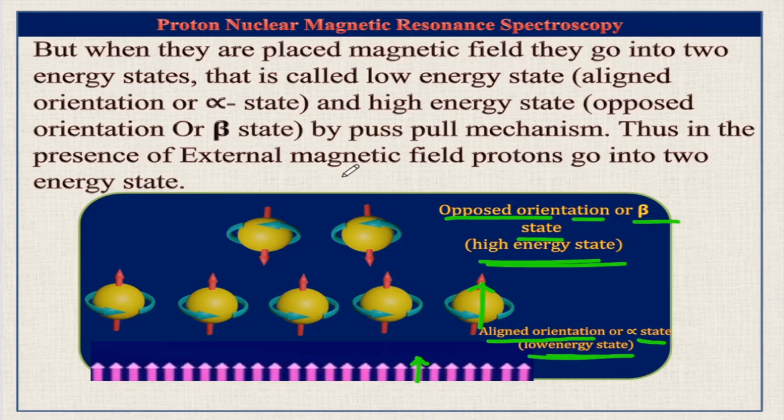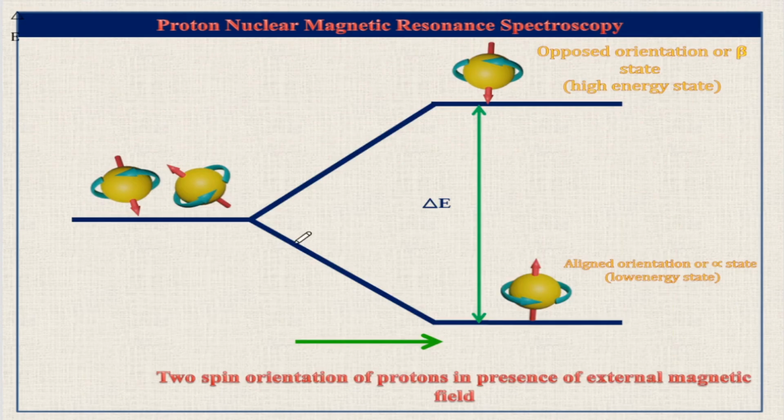So in the presence of a magnetic field, protons go into two energy levels: the low energy state, alpha state, aligned orientation, and the opposed orientation, beta state, the high energy level. So protons separate into two energy levels.